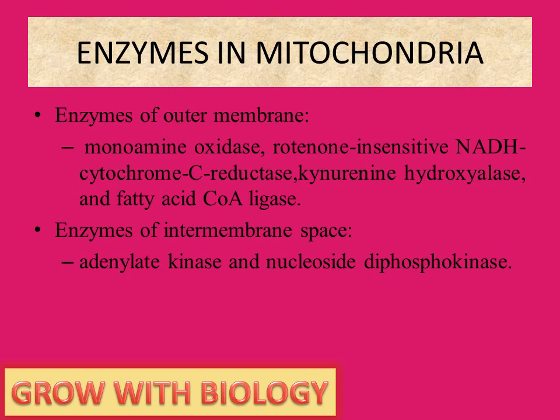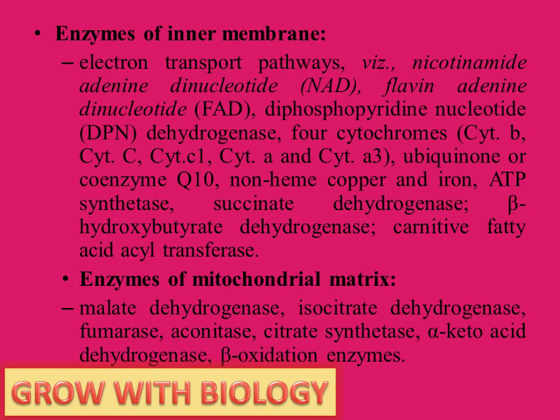They are monoamine oxidase, rotenone insensitive NADH cytochrome C reductase, kynurenine hydroxylase and fatty acid coenzyme A ligase. In the intermembrane space, that is the space between the outer membrane and the inner membrane of mitochondria, it has adenylate kinase and nucleoside diphosphokinase.